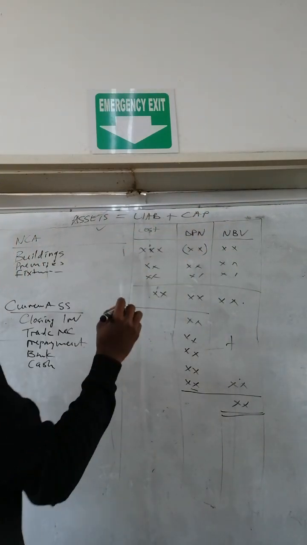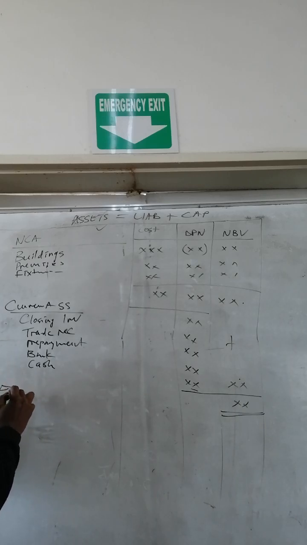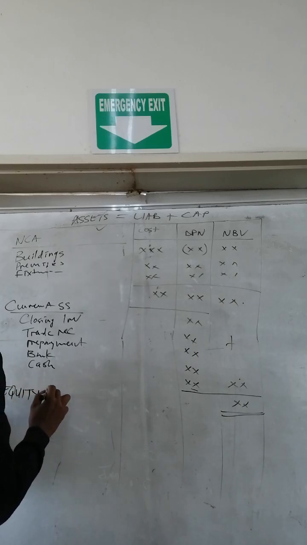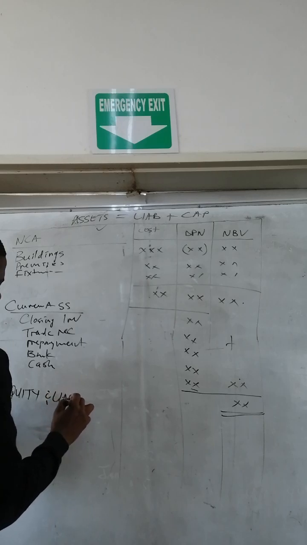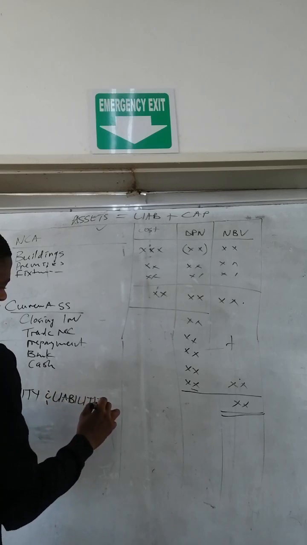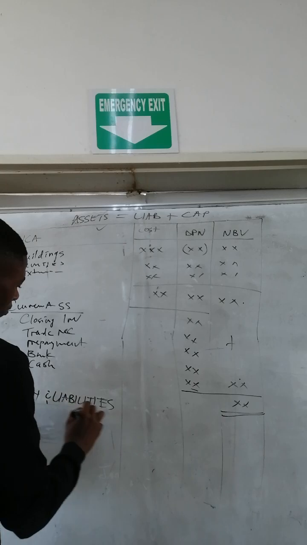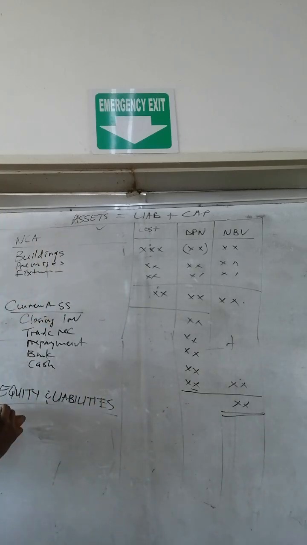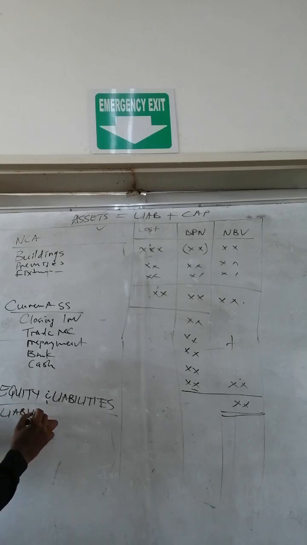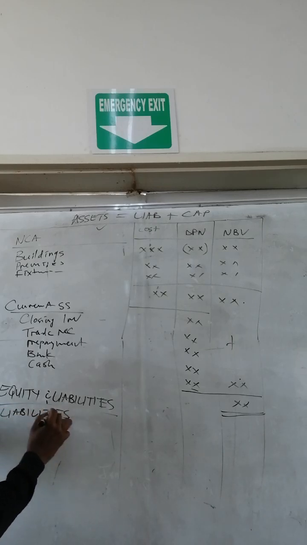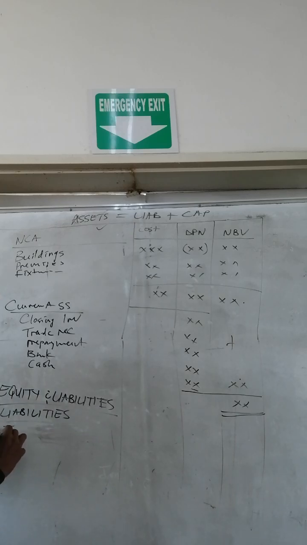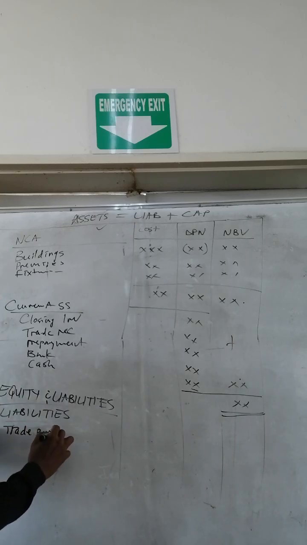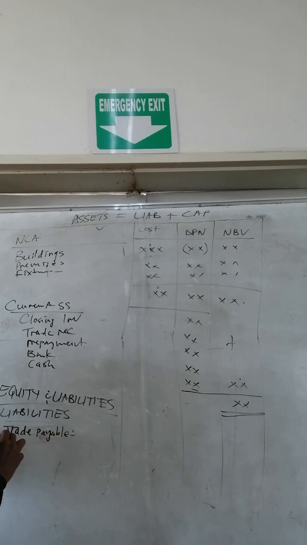Now we are going to equity and the liabilities. You can first record the liabilities, that is trade payables, bank overdraft, other payables.